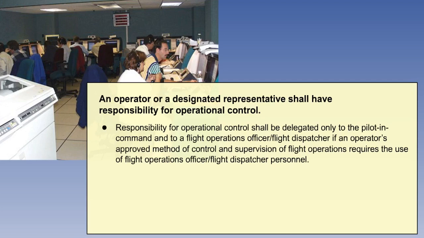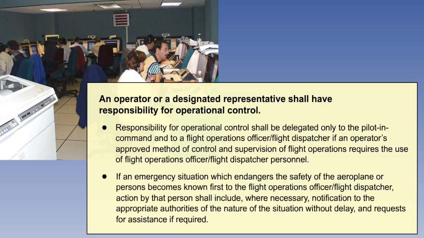The JAA method rests total responsibility for the safety of the flight with the pilot in command. The flight dispatcher will continue to monitor the progress of the flight, and should he learn first about a situation which threatens the flight, he has an additional responsibility to notify the authorities and request assistance if appropriate.